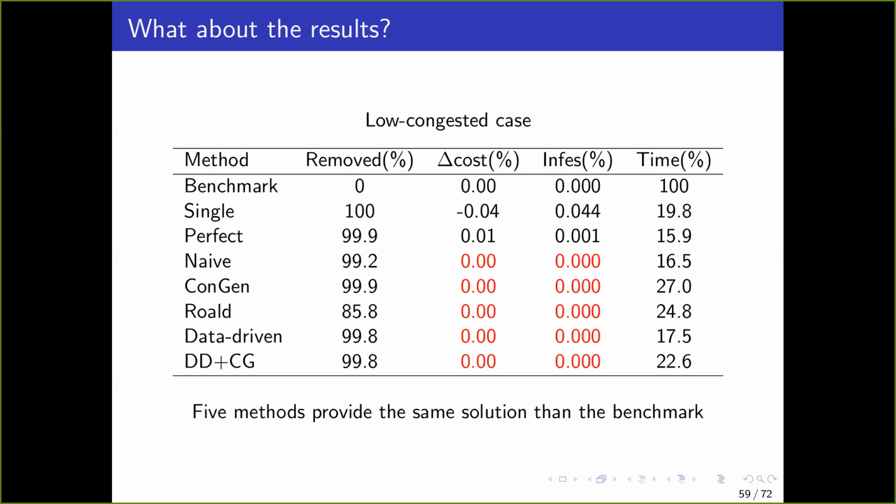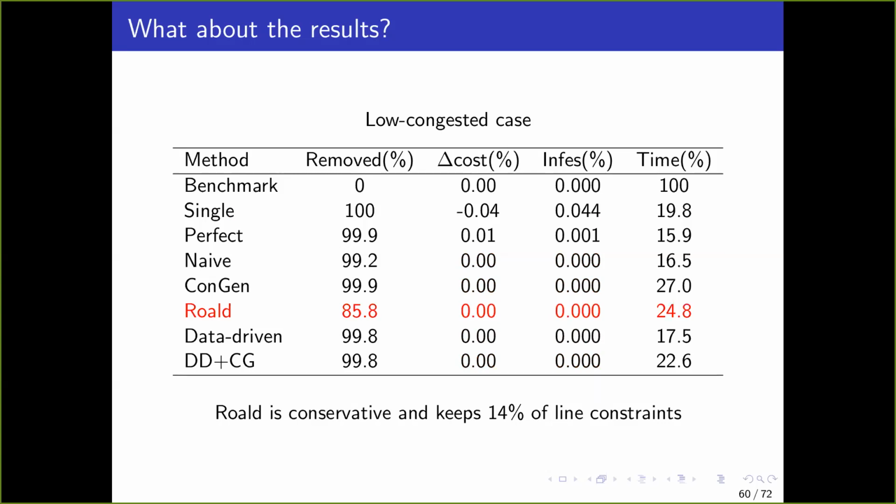And I'm saying this because in some papers in the literature doing this network screening, they just provide results for low congested systems. Then it's not very difficult to do it right in that case. So just so you are aware of this.